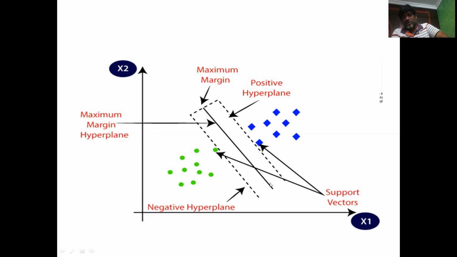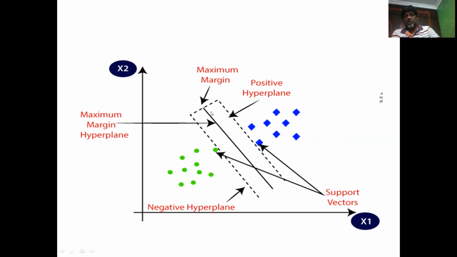The hyperplane identified below the optimal hyperplane is called the negative hyperplane because it identifies the boundary of the negative class inputs. There is one more hyperplane drawn to identify the boundary of the positive class, therefore it is called the positive hyperplane.